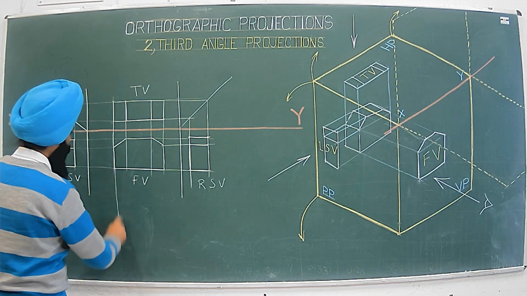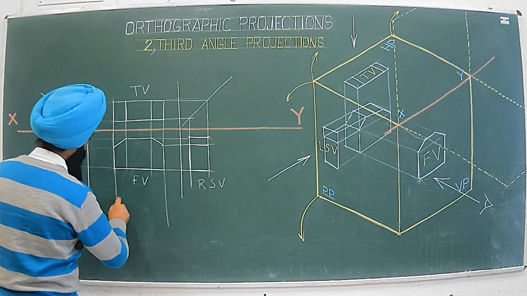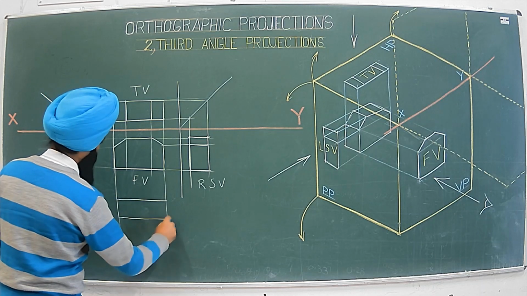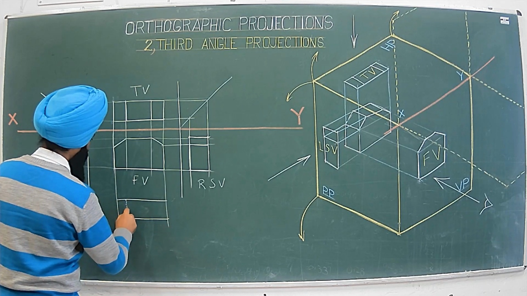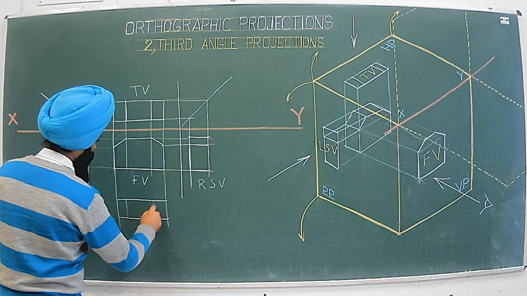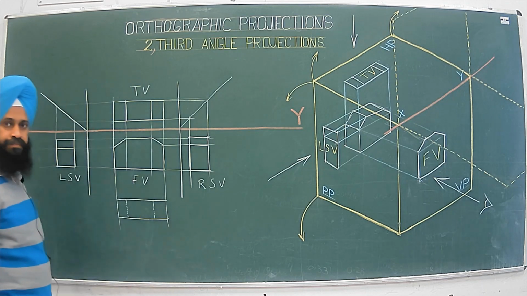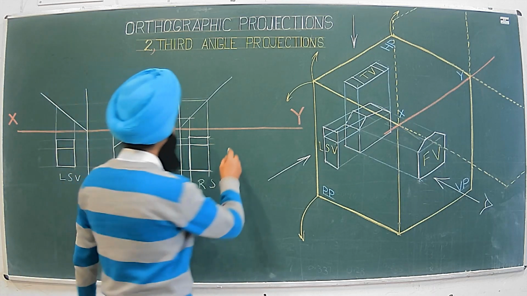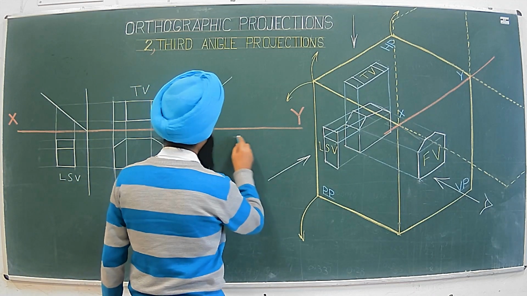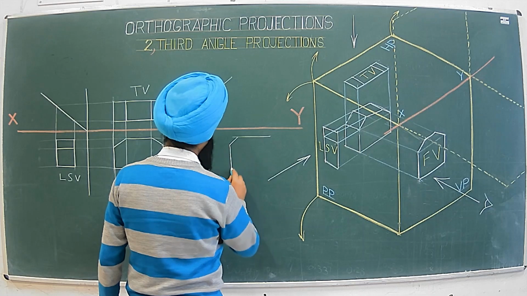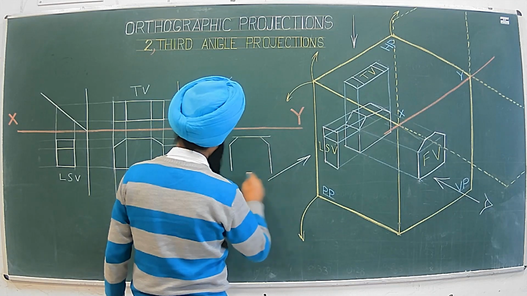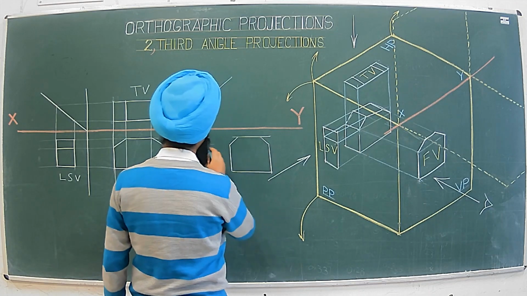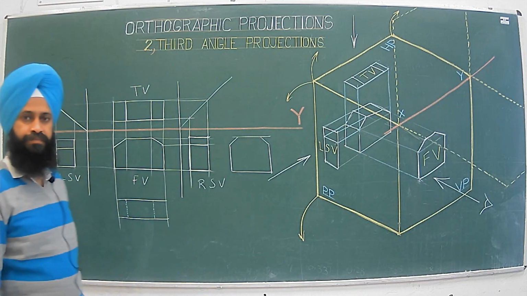The bottom view is drawn on the bottom of the front view. Let us say we draw the rear view over here. So this is our rear view.